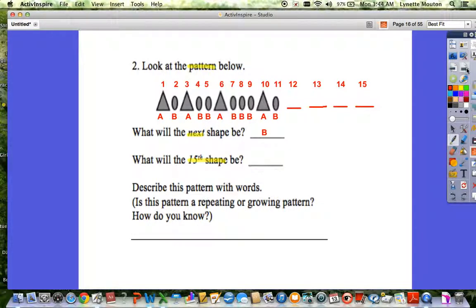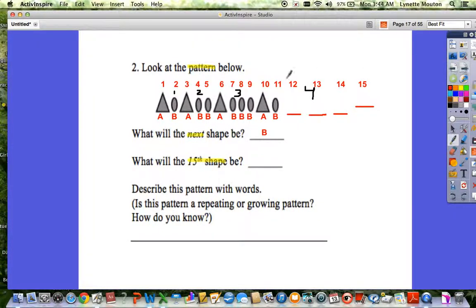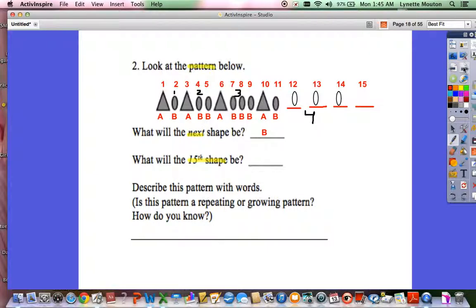Just continue the pattern. And when you do that, again, we have our 1 B here, then 2, then 3. So now we need 4 B's here if the pattern continues in the same way as that growing pattern. So there are 4 of them. And of course, what comes next? A triangle. So the 15th shape will be a triangle.